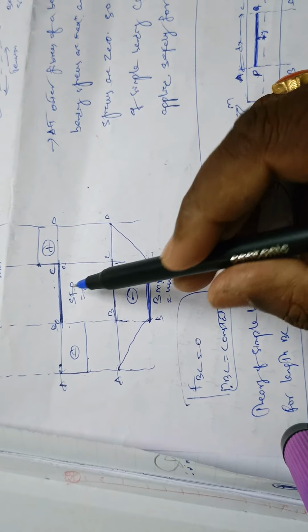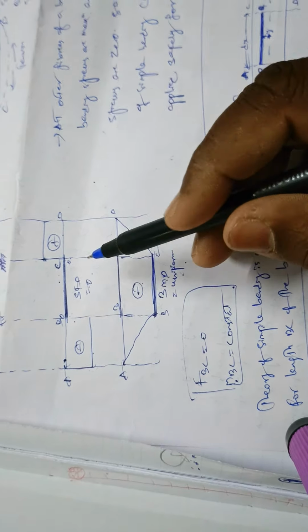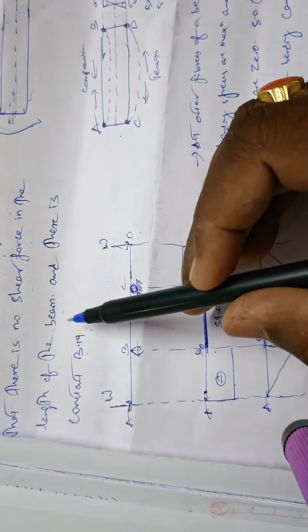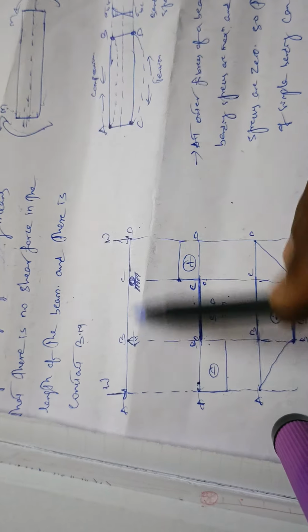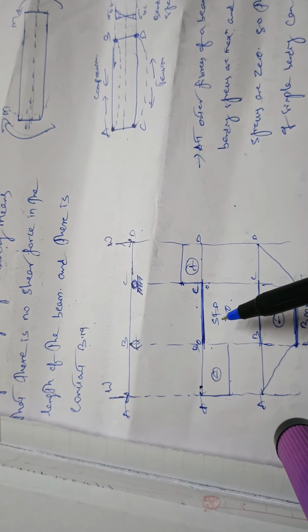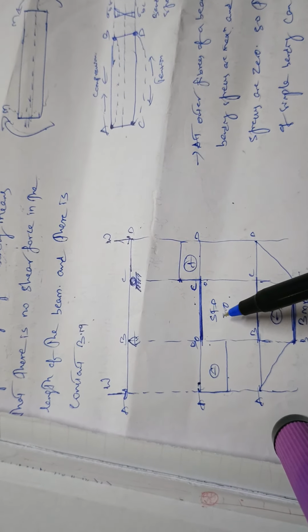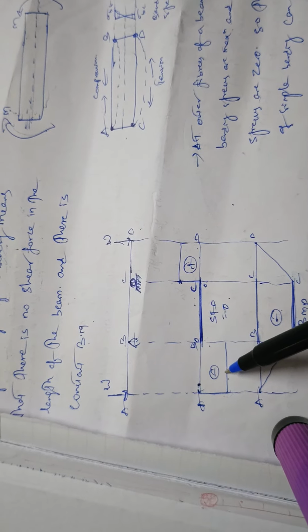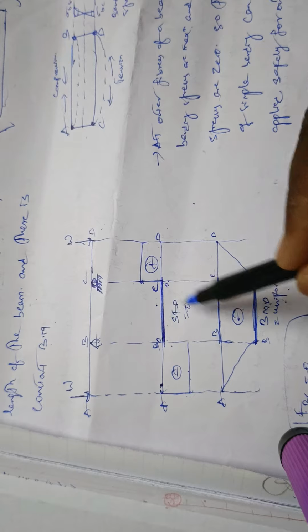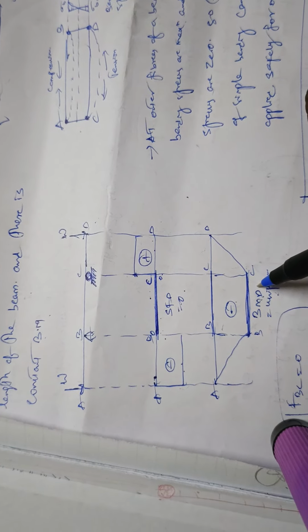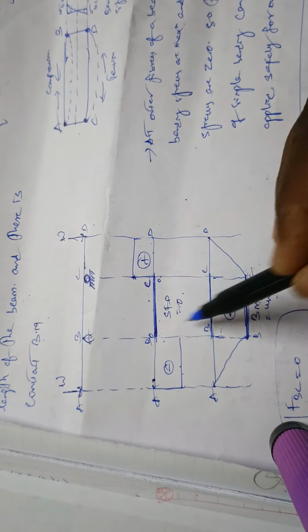So the condition which is satisfied here is that there is no shear force in the length of the beam. Whether positive or negative, the bending moments will be there, but the shear force is 0.